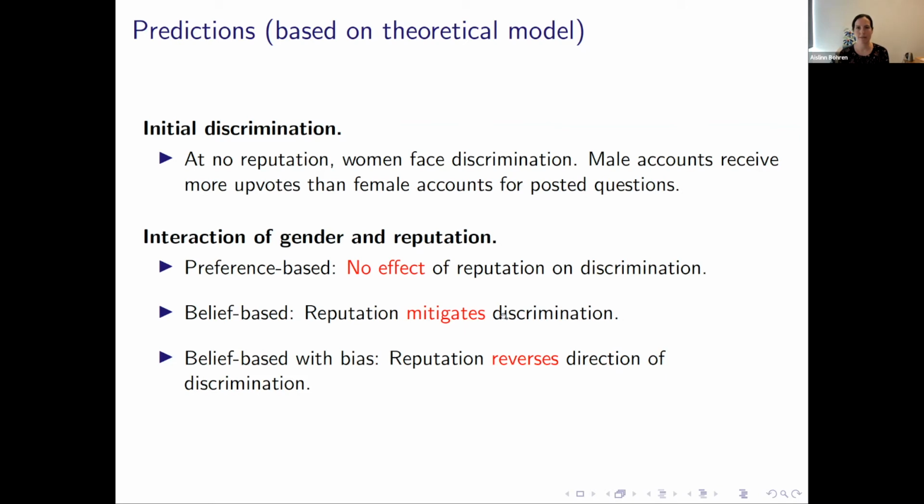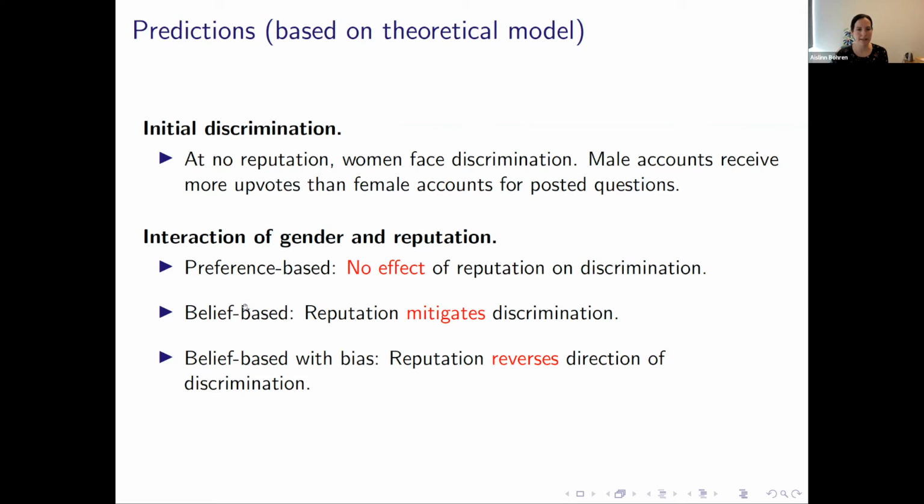As you have a lot of individual information, you rely less on the population averages. And then lastly, if it's belief-based with bias or inaccurate beliefs, we actually show as a possibility result that, for a plausible model of updating, reputation can reverse the direction of discrimination sometimes. So here we have an impossibility result.